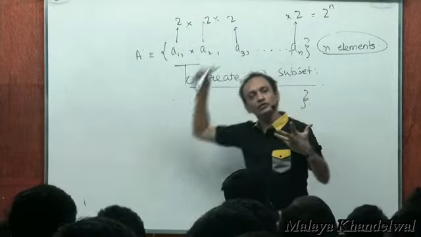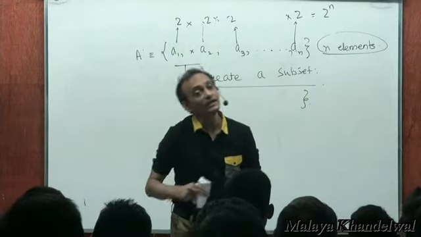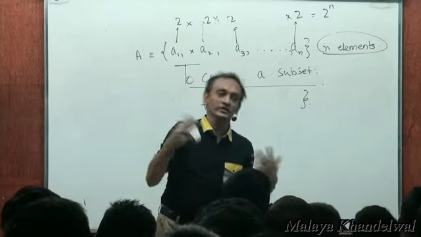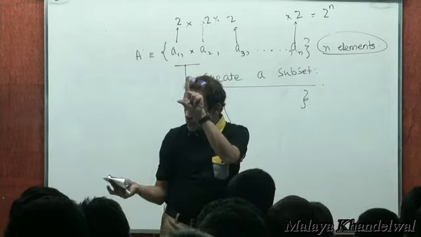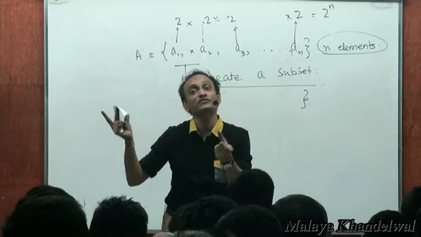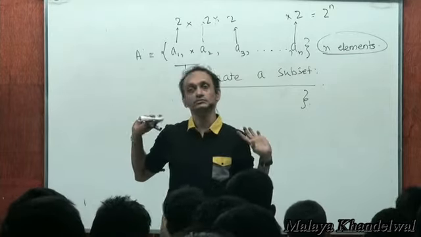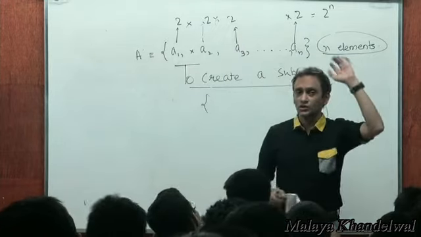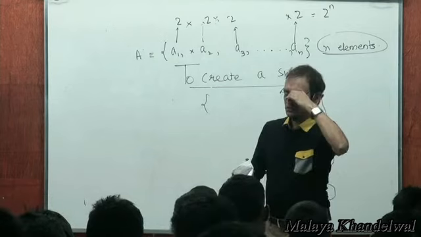So this 2 to the power n includes a case in which all are selected and a case in which none is selected. None selected would be the null set. So 2 to the power n subsets.